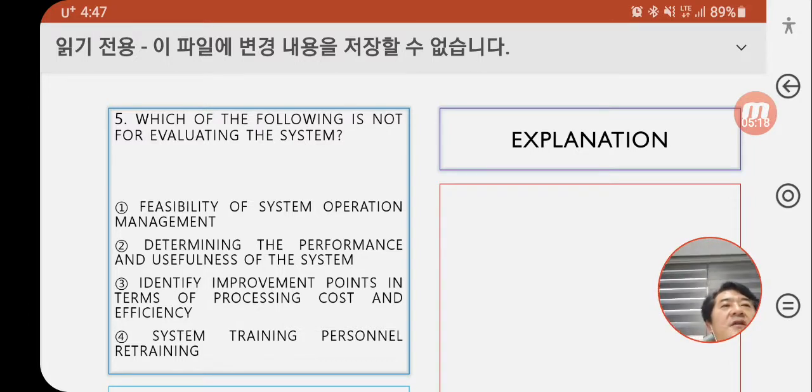Number 3, identify improvement points in terms of processing cost and efficiency. Number 4, system training of personnel retraining. The answer is number 4.